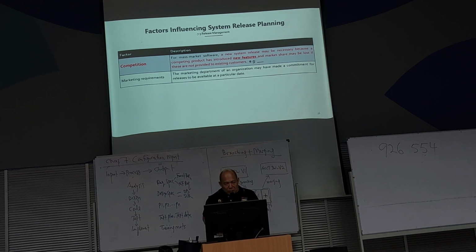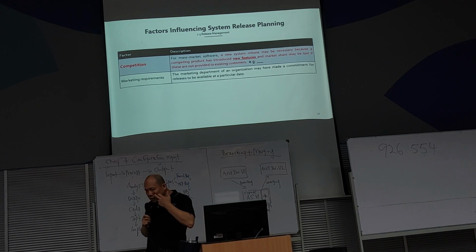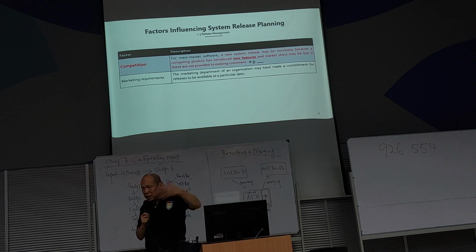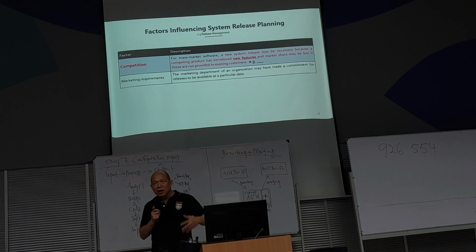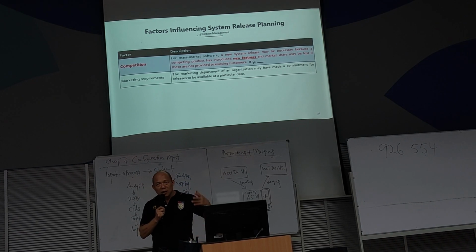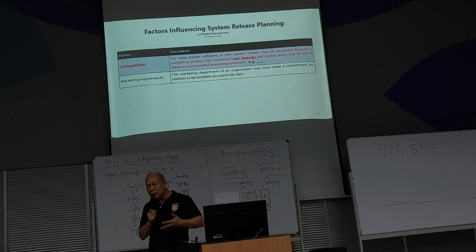If your competitor has released new features and you do not do the same, you will be losing. In future, the customer may not stay with you anymore, and will go to your competitor.